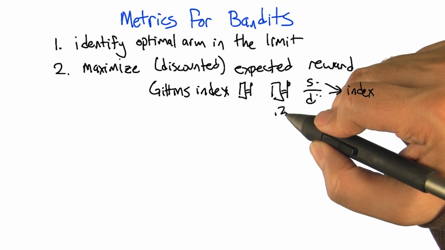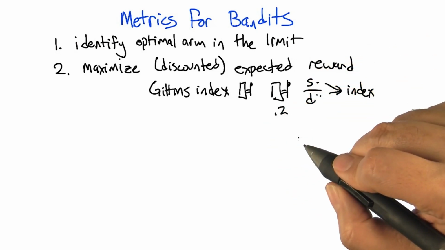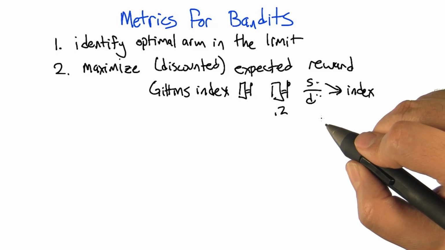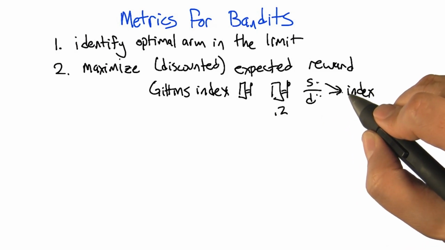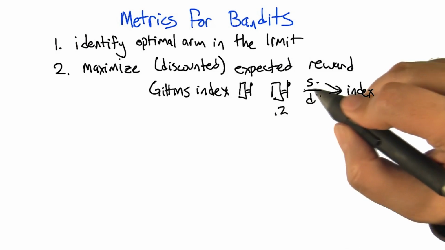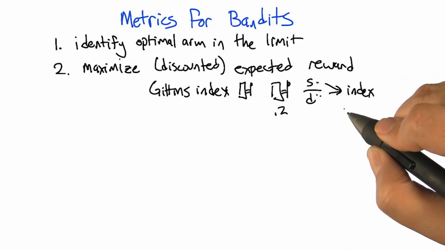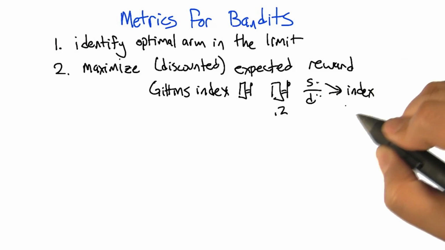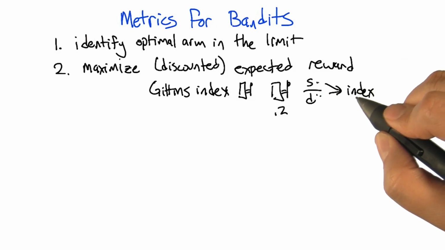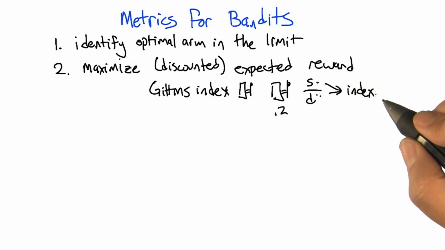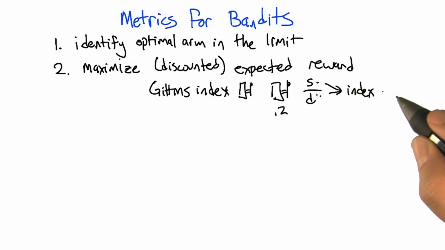So somehow the index has to compute some kind of confidence on the probability that this is higher or lower than the expected value by some amount. Yeah, and so it actually ultimately combines this notion of the maximum likelihood and the low confidence, right? So if you have low confidence, then you get an extra bonus for pulling this arm because it may reveal something really valuable. Right. Okay.